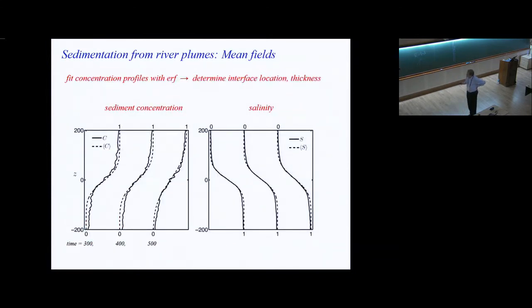Here we see that these error function fits work quite well. Here we have the sediment concentration field for 3 different times. The solid line is always the computational data, and the dashed line is our best error function fit. We can see how, as time goes on, the profile becomes smoother, and the same is also true for the salinity. So those fits work quite well.